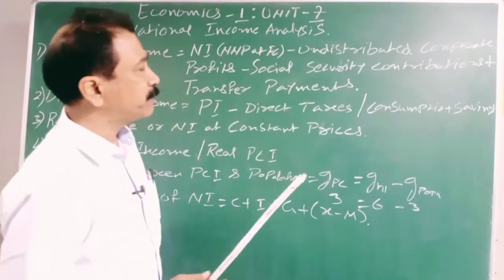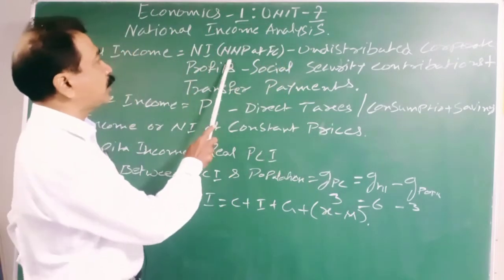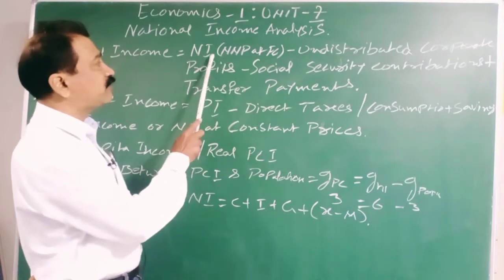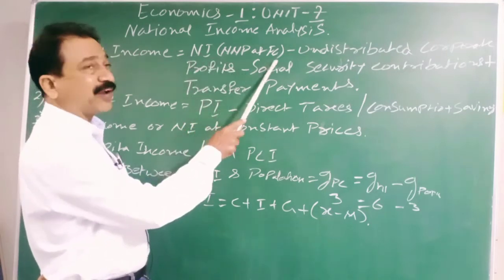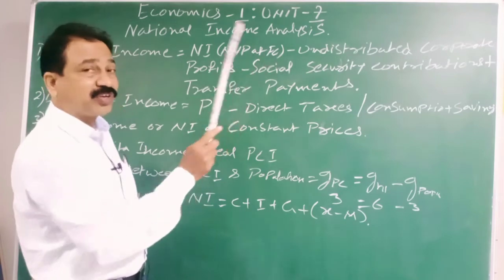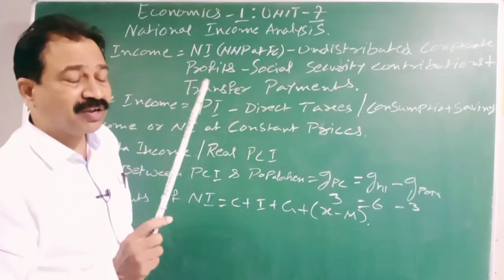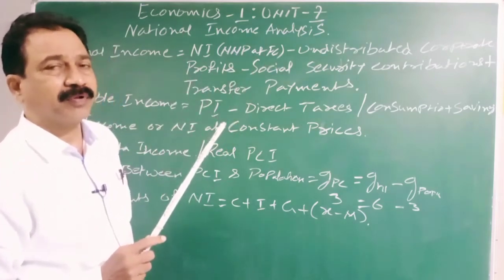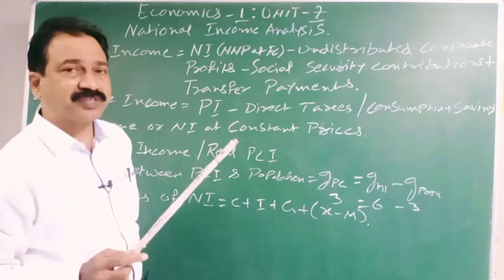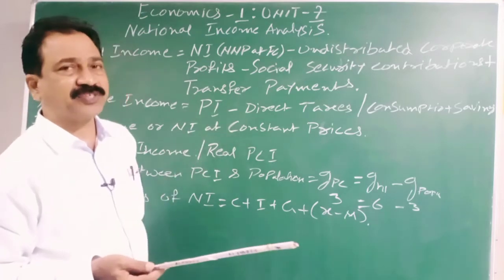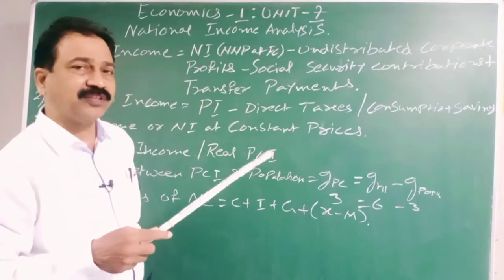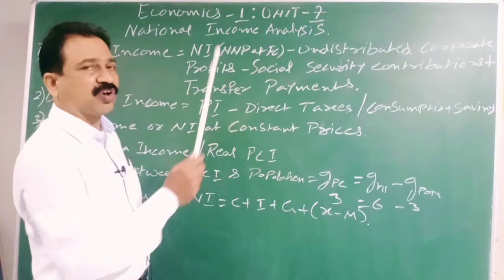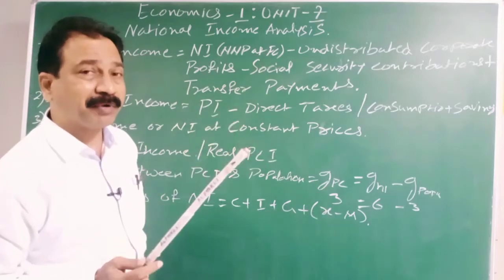We will see this out of national income, or NNP at factor cost. How do we get the NNP at factor cost? That is the last one we discussed in the last class. From NNP at market prices, if you remove the indirect tax and add the subsidies, then you will get factor cost. How do you get the NNP at market prices?